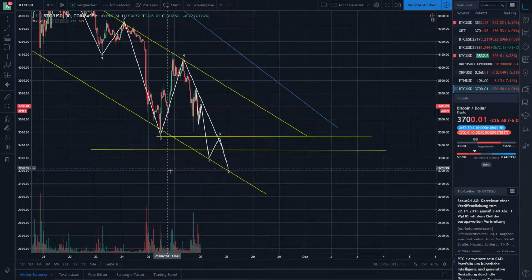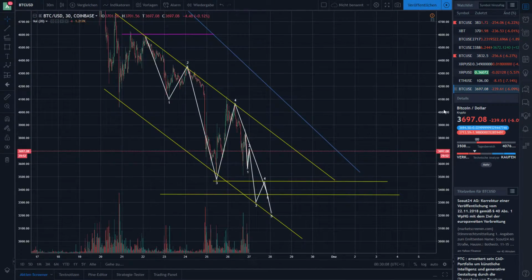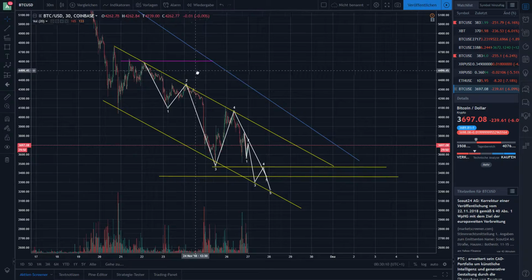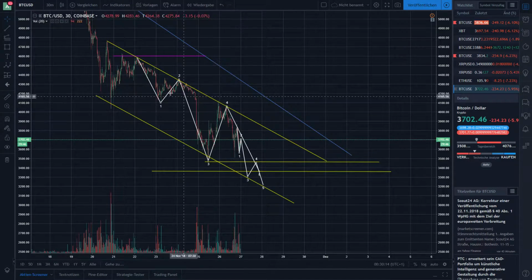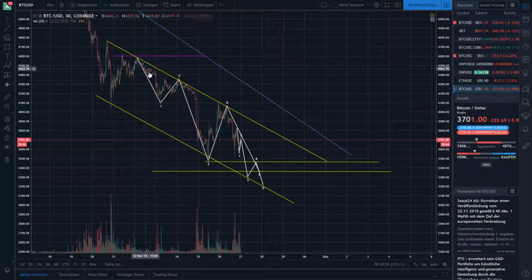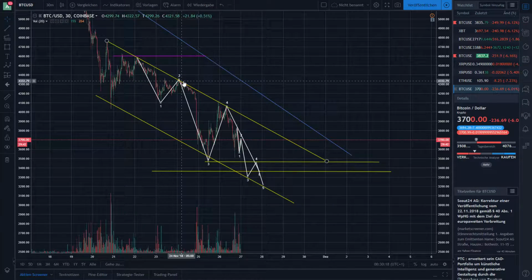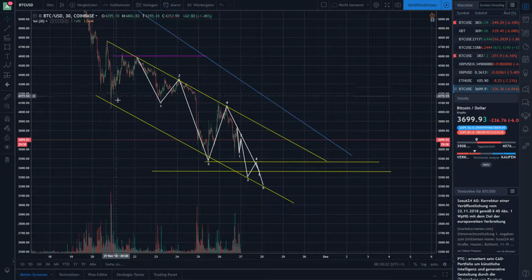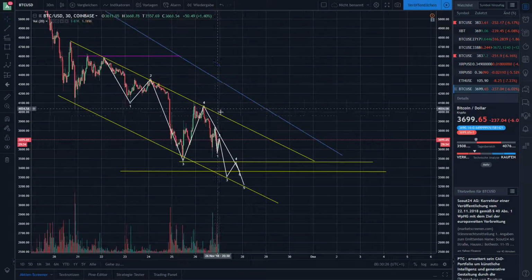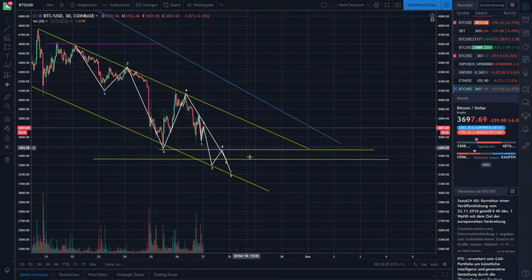I'm pretty sure we're going up. We have already seen these very strong rejections here. We have been heavily rejected again to the downside, but we were at least able to push against it a little bit. Tested a couple times, but here we just tested 2 times and just bam, we went back up. So yeah, this is my count.